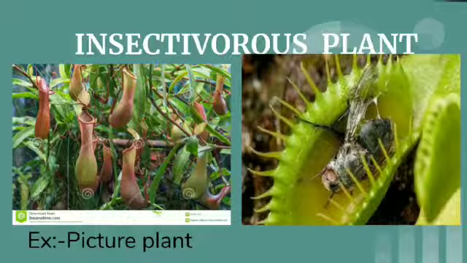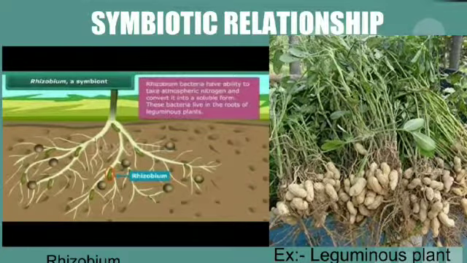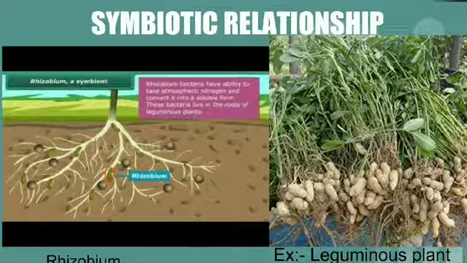There are some organisms which live together like friends. They share shelter and food. In science, we call such relationship a symbiotic relationship.